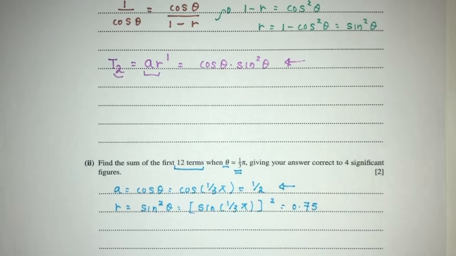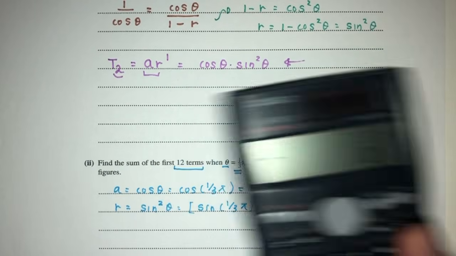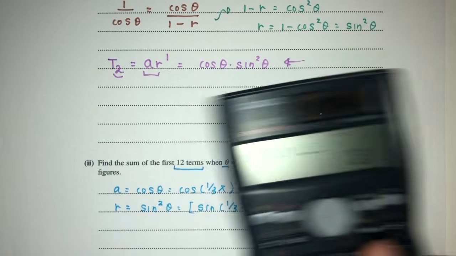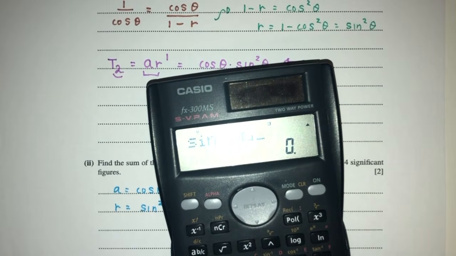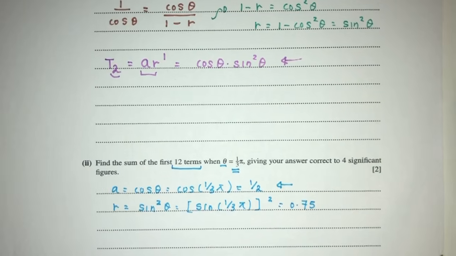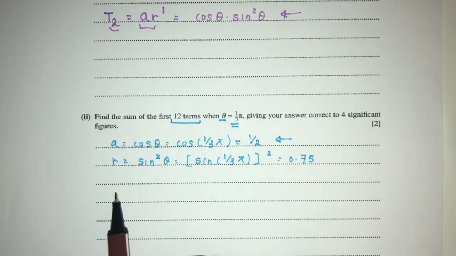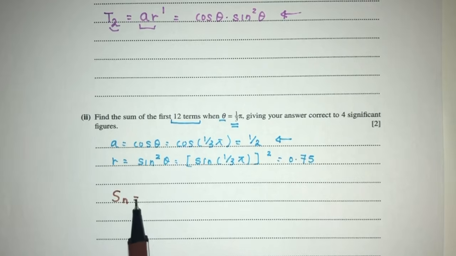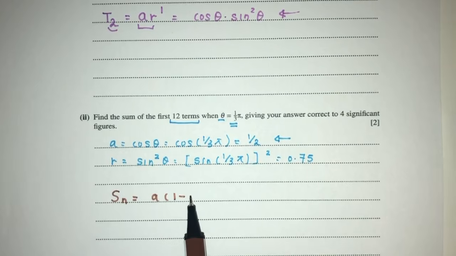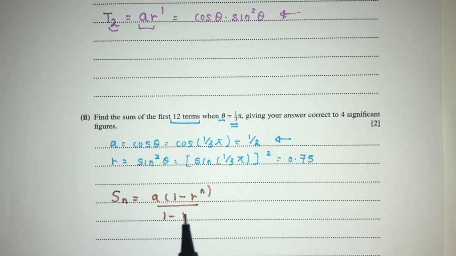Squared, that will be 0.75. Let me try in radians as well, just to show you guys. So we have sine pi by 3, and then squared. That will be 0.75. Okay, so we have these two. We can find the sum of the first 12 terms. First we have to write down the equation. The sum of the first n terms is given by a times 1 minus r to the power n, over 1 minus r.